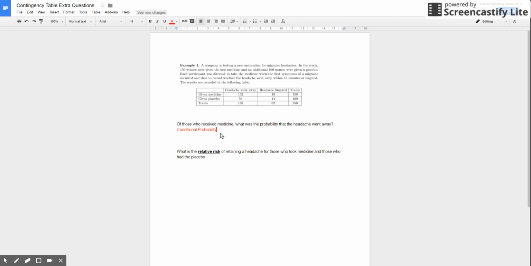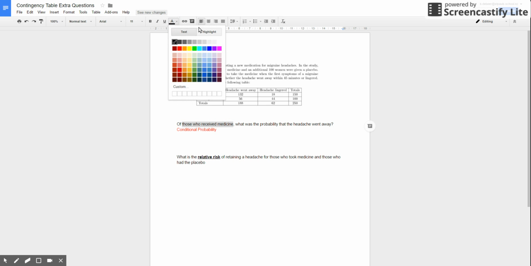Conditional probability is about a smaller population within that. So what is the smaller population? It is those who received medicine. So that's what our total population is. Our total population is not 250, but it's this 188.